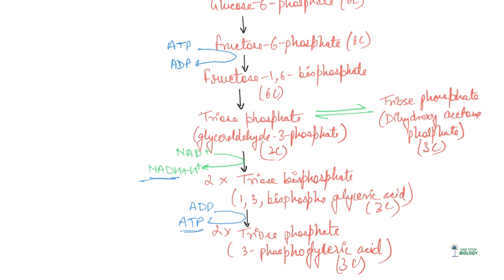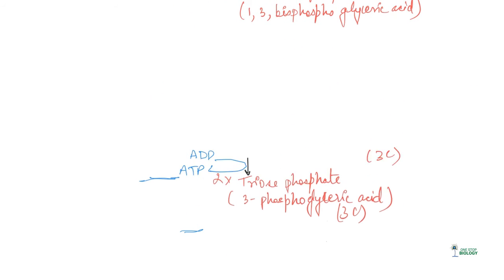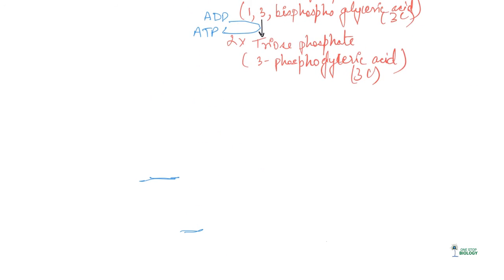And now again there is a conversion, right? So now there is a conversion where the final product that we are going to get is going to be pyruvic acid, right? So now what we are going to get at the next step is from 3-phosphoglyceric acid, we are going to get two molecules of 2-phosphoglycerate.